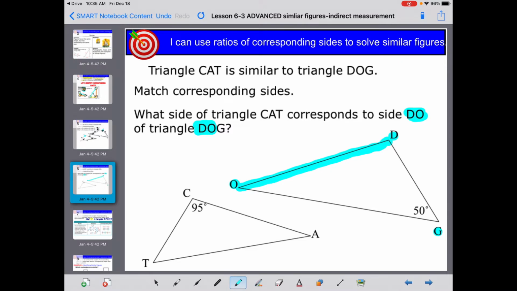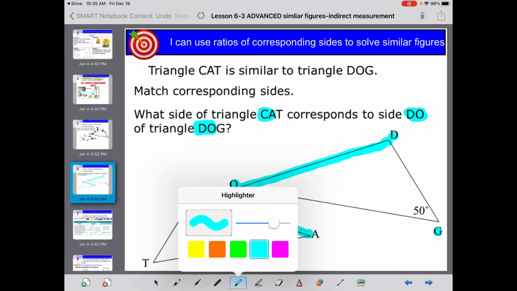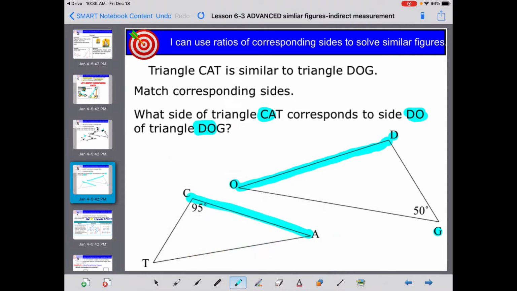So DO corresponds to the first two vertices in CAT, CA, because they're the first two listed. And so you can use that as a shortcut. You would say side CA.